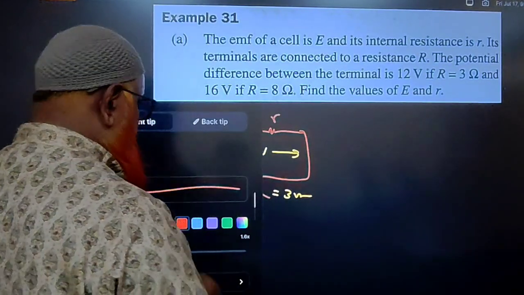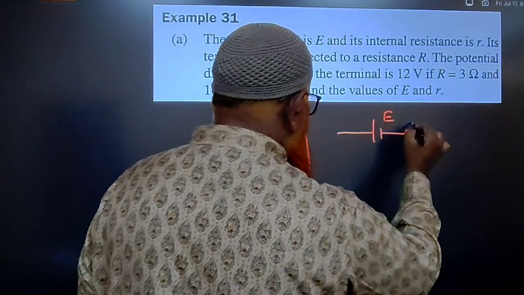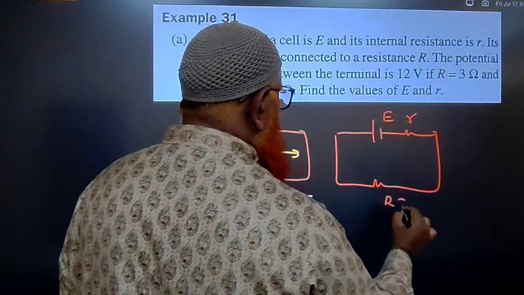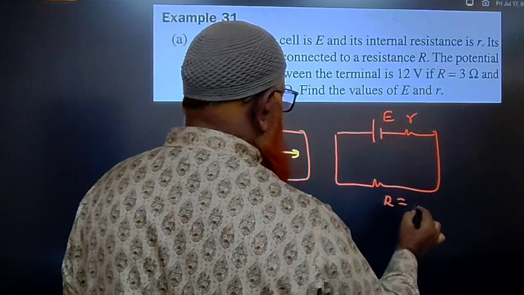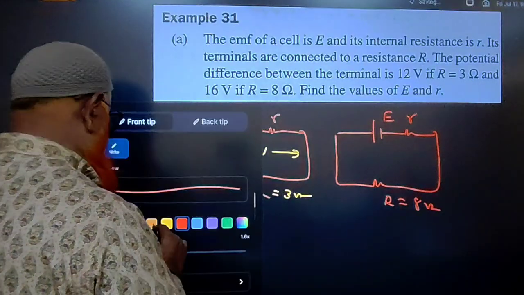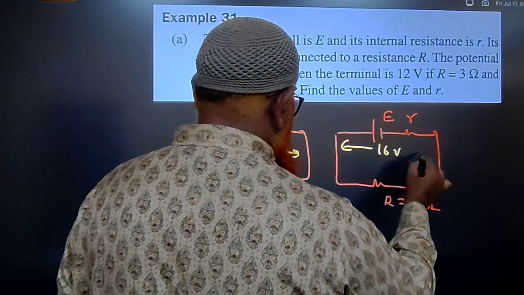So you have to draw one more circuit of this type, having E and small r, with capital R taken as 8 ohms in the second case, and the potential difference between these is going to be 16 volts.